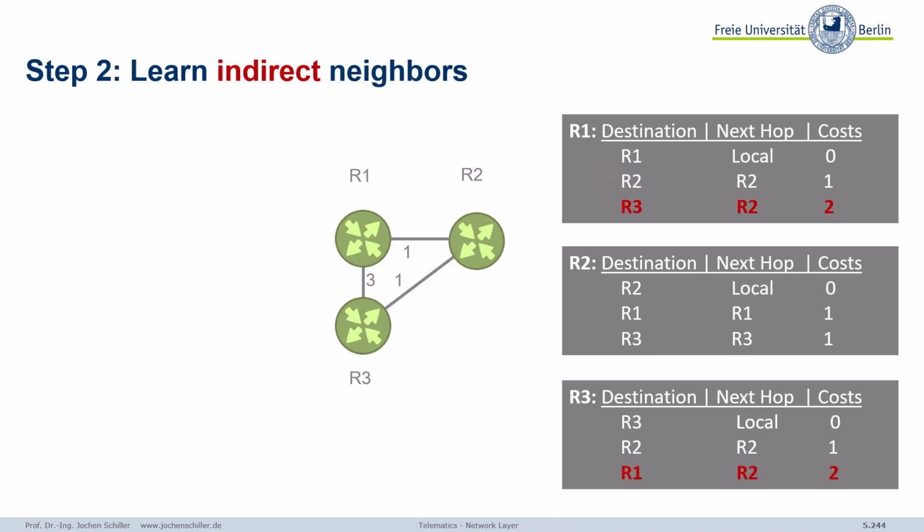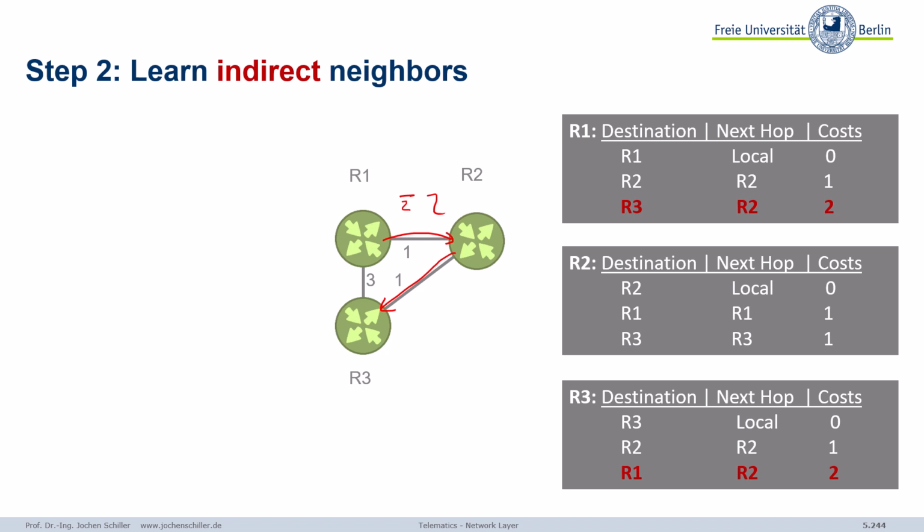So we optimize the costs now. You see, this good news spreads. I see R2 at a distance of 1, R2 sees R3 at a distance of 1, so in the end we have 2. In this example the good news took 2 steps to spread, and then we learned that there's a better path from R1 to R3. We will not take the more expensive one.